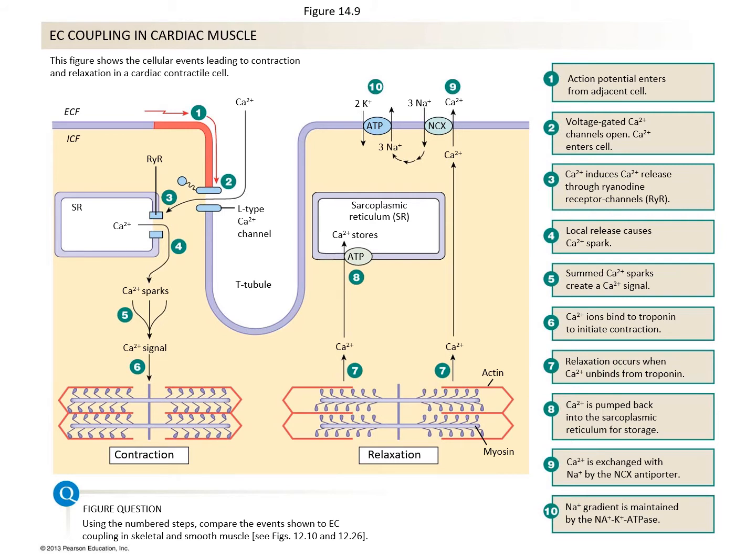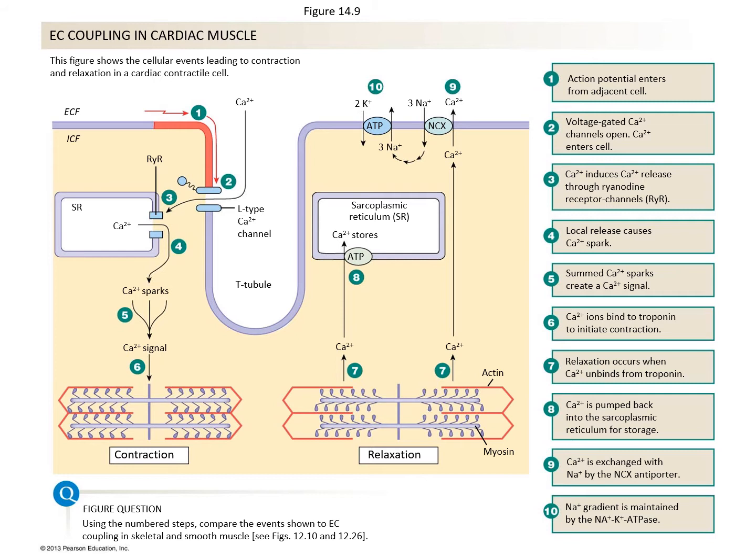From here, it's going to activate voltage-gated calcium channels to allow calcium to flow in from the extracellular fluid into the cell. This is a key difference in the actual physiology between cardiac cells and skeletal muscle cells. There is no DHP in a cardiac muscle cell.